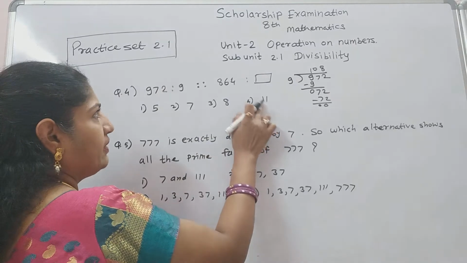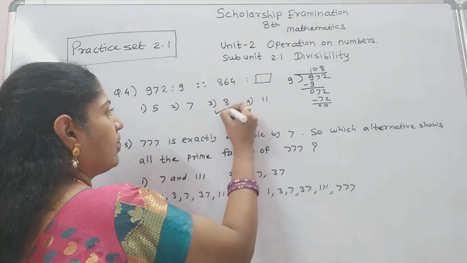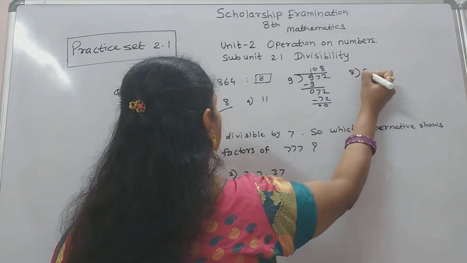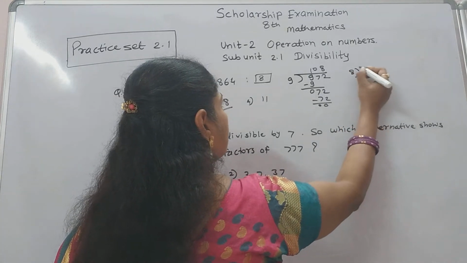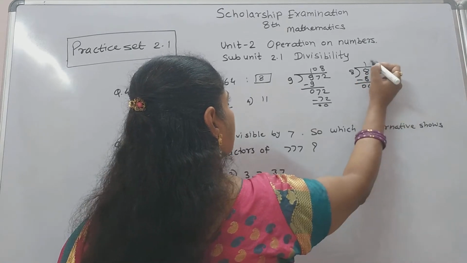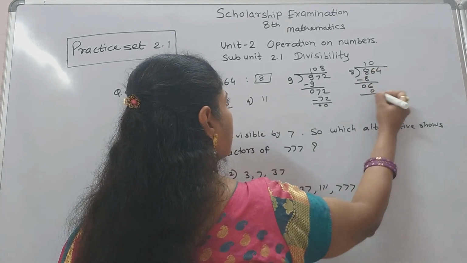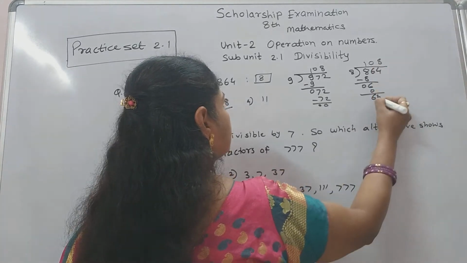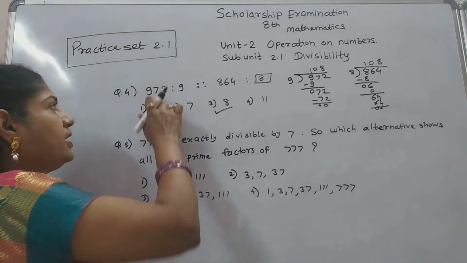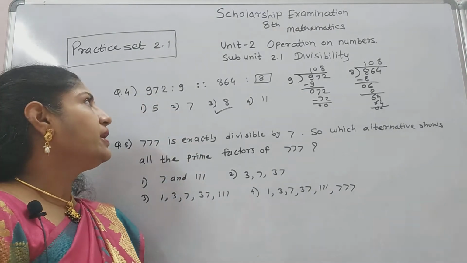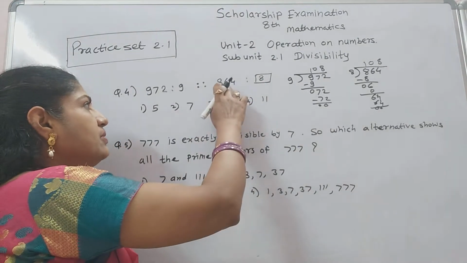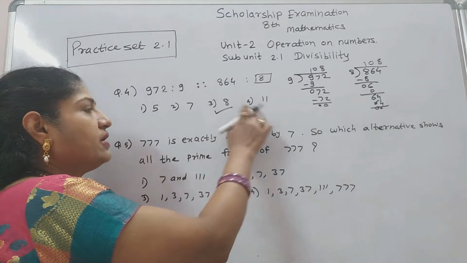No. 11? No. The answer is 8. 864 divided by 8, the answer is 108. So 972 is divisible by 9 and 864 is divisible by 8. This number is not divisible by 5, 7 and 11.